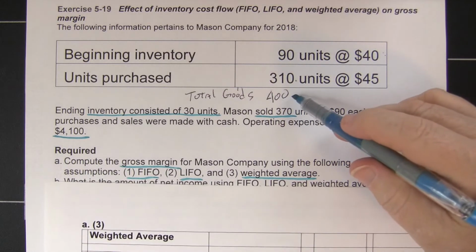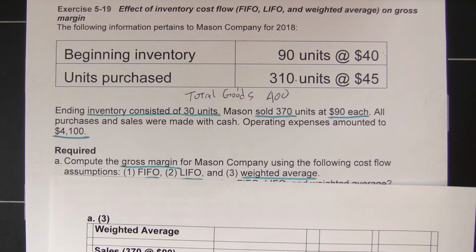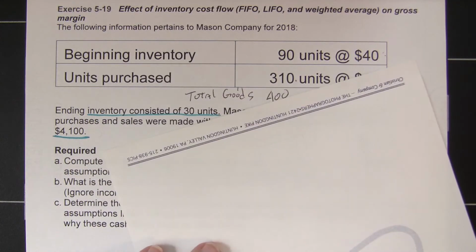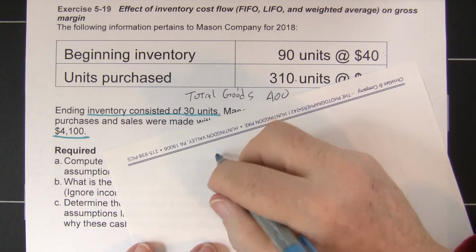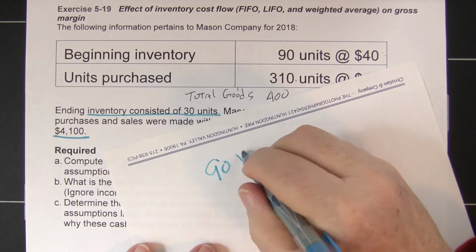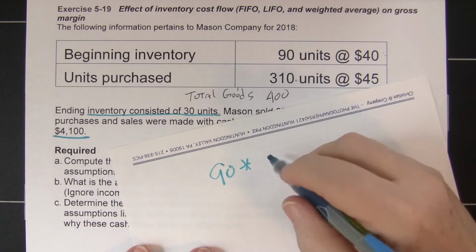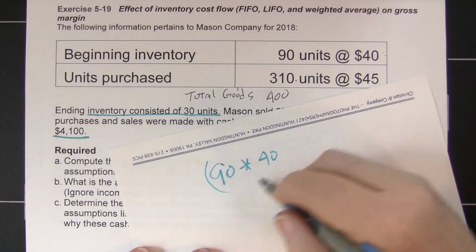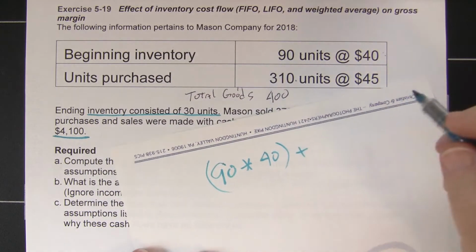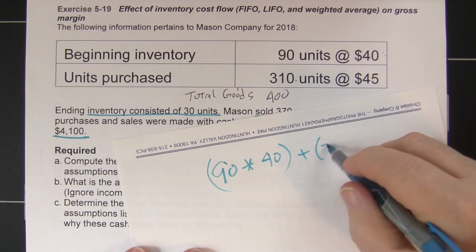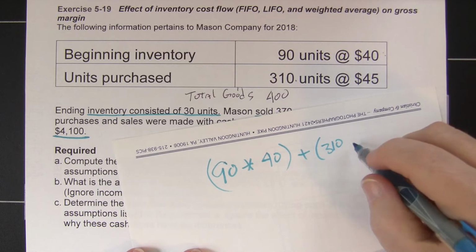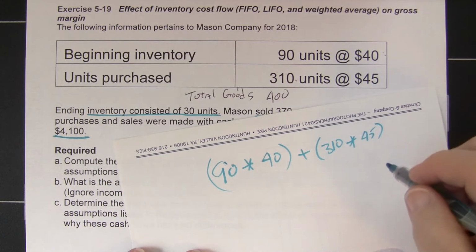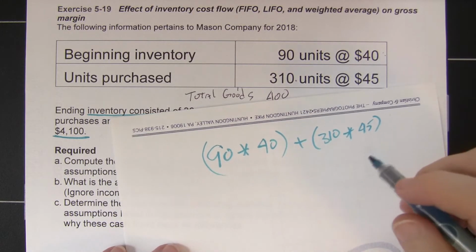We had 400 units, so we're going to have to do 90 times 40 plus 310 times 45.